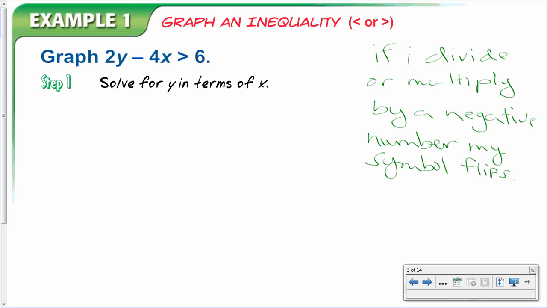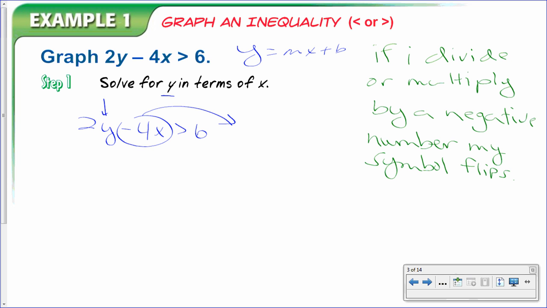Okay? I'm going to solve this in terms of y. Now, I'm going to use an equal sign for our purposes here, but you guys just understand that it's an inequality, right? Okay, so if I got 2y, I got to get what by itself? What can I move?